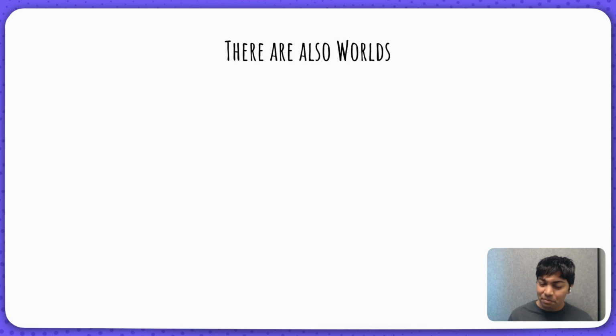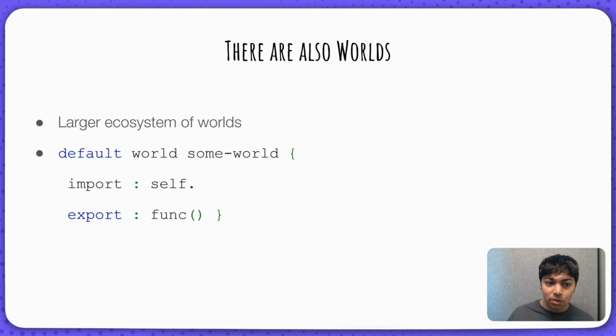and this is more interesting than interface types. So there's a larger ecosystem of worlds. We talked about singular interfaces right now, but there is also a world. And the way this works is, this is just a standard syntax for writing a world. But the way a world works is, I have some world, and it says exactly what imports, what interface types it needs to import, what it exports, and so on.